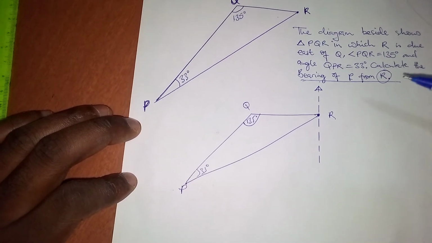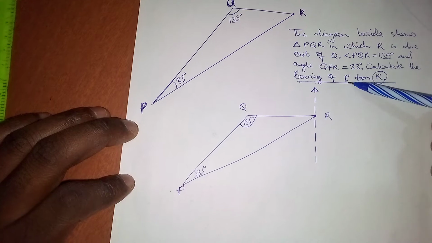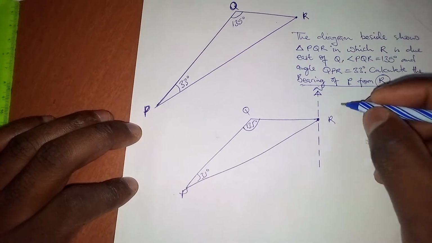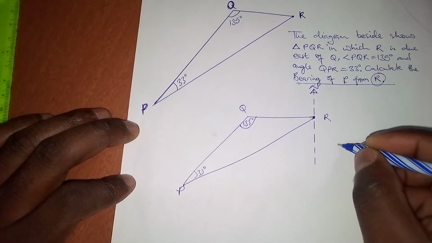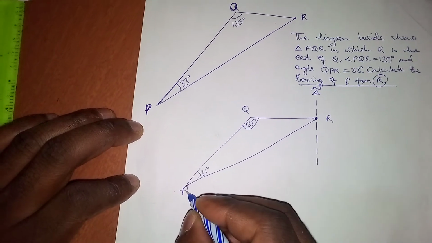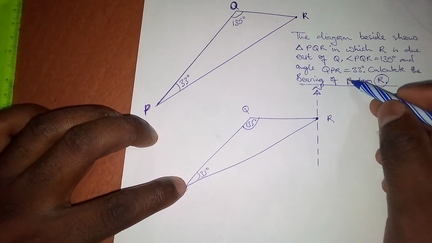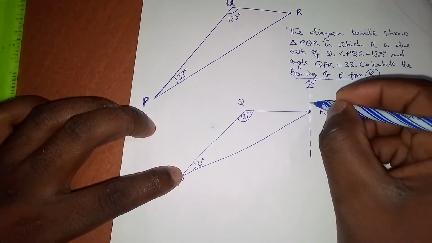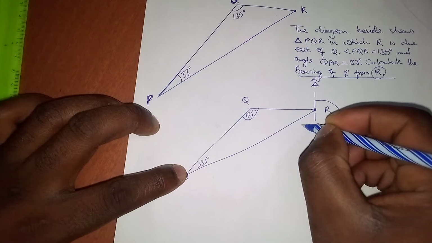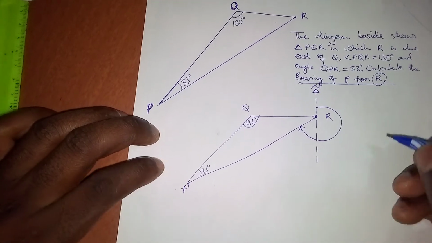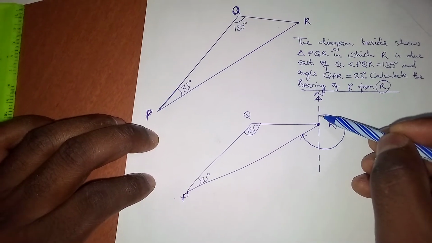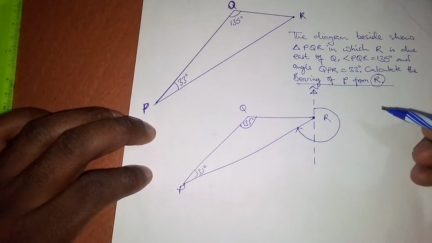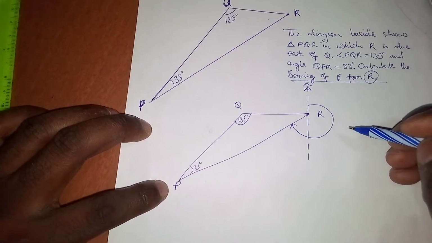To find the bearing of P from R, we need to move from the North, all the way to the line coming from R going to P. So we have to make this angle here. When we identify the whole angle up to this point, then we will find the bearing of P from R.